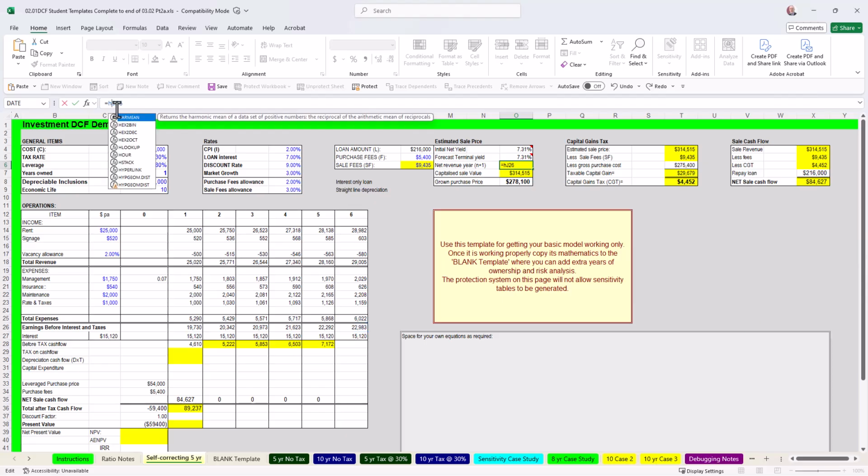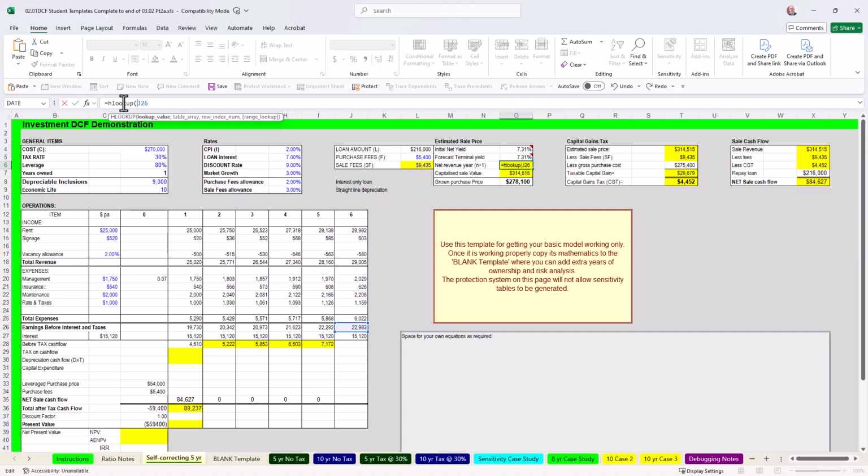Here it's a horizontal lookup. And going back to the finitude lookup, or just refer to the exercise where we introduce the lookup function.